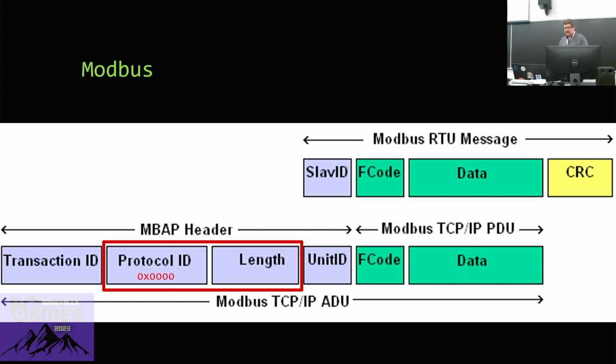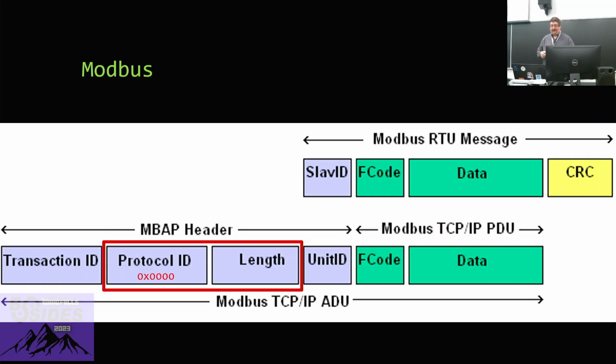So you have Modbus. Here I use the protocol ID and the length. The problem with this one is the protocol ID for Modbus is four zeros. The problem with that is, if you're just looking for four zeros in this specific spot, there's lots of other protocols that in their normal operation may have four zeros in that spot. So if you do just that, you're going to match against a lot of things that aren't Modbus. So the other thing we use is the length.